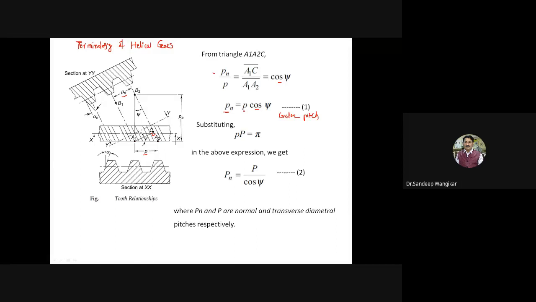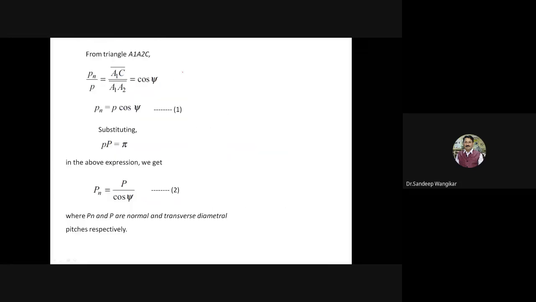So if I have to convert into diametral pitch, then I have the relation: circular pitch into diametral pitch is equal to pi. I will take some help and give you the idea. I will say small p as the circular pitch, capital P as the diametral pitch is equal to pi. How is this?